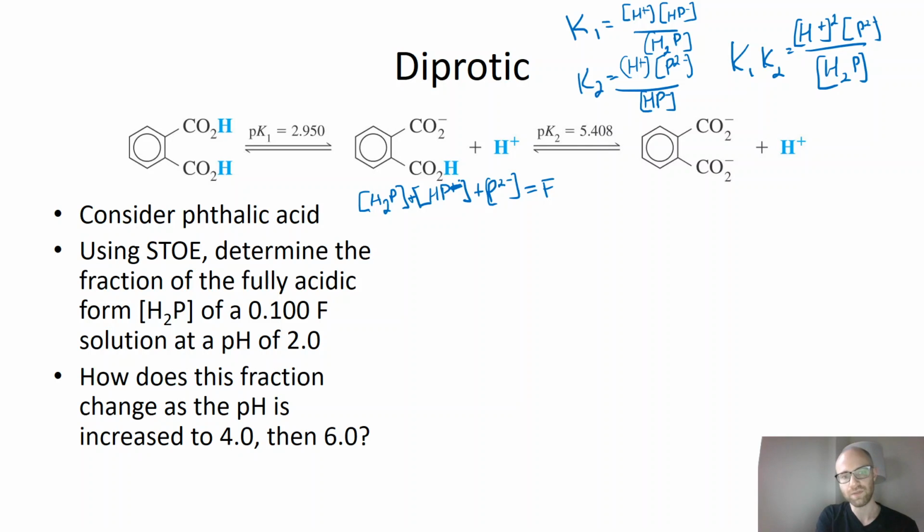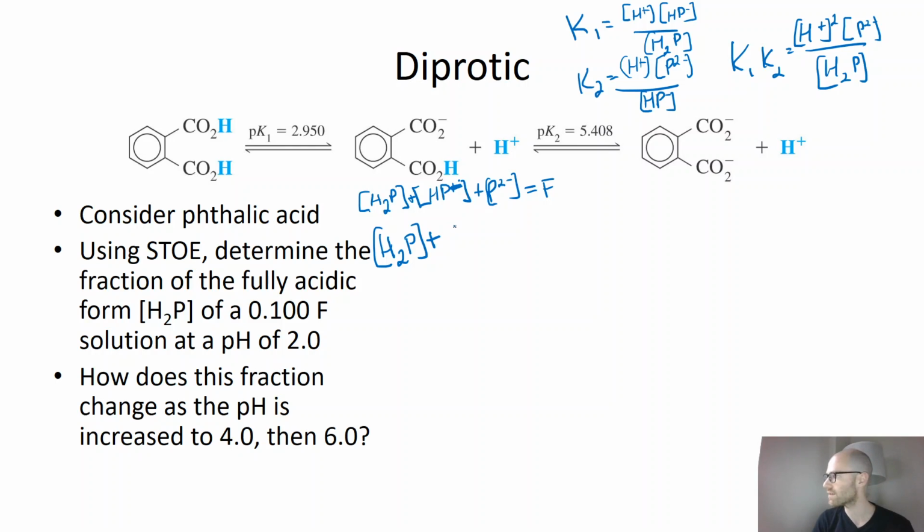In order to solve for H2P over F, which is alpha H2P, we want all of our expressions in the mass balance to be H2P. So we're going to use K1 to substitute out for HP minus in terms of H2P.